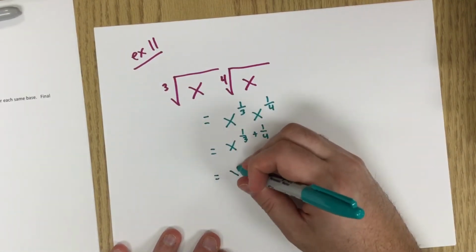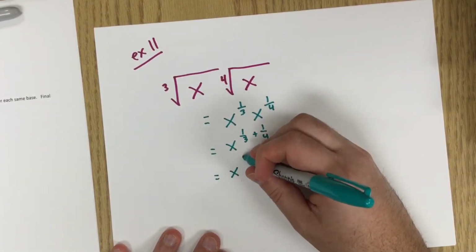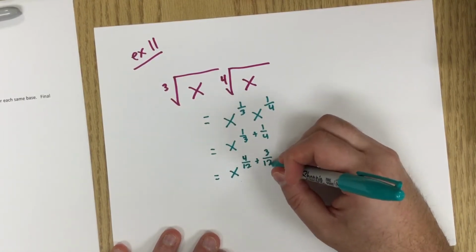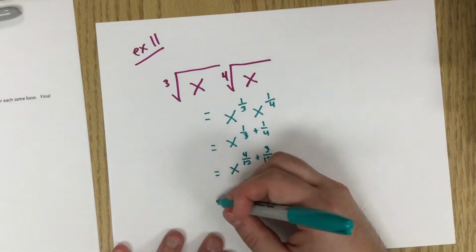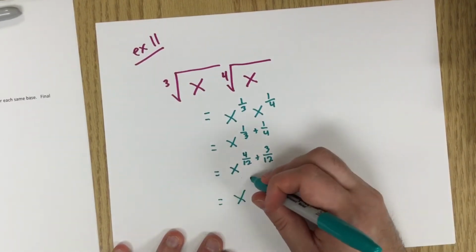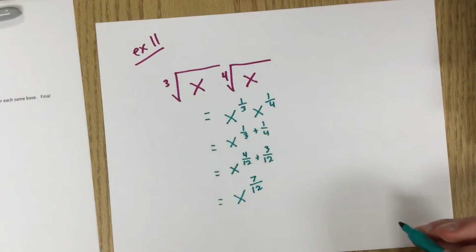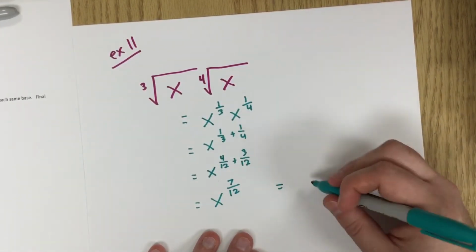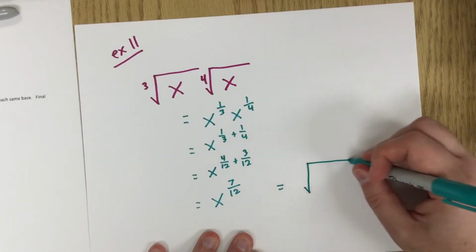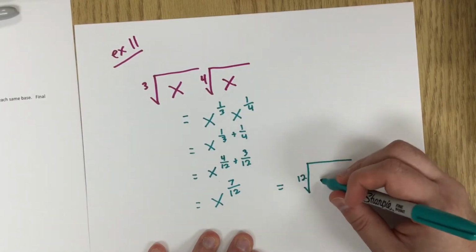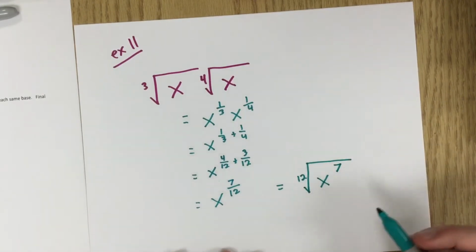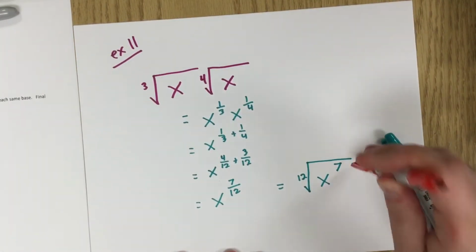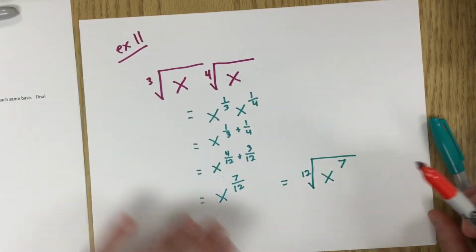So x to the 4/12 plus 3/12, which means we have x to the 7/12. And then if we want to write that, it's going to be the 12th root of x to the 7. And that's our final answer: one base, one exponent, no negatives, radical notation.